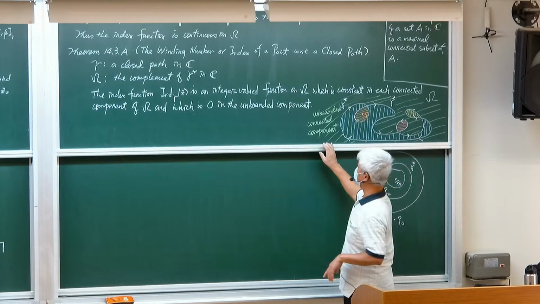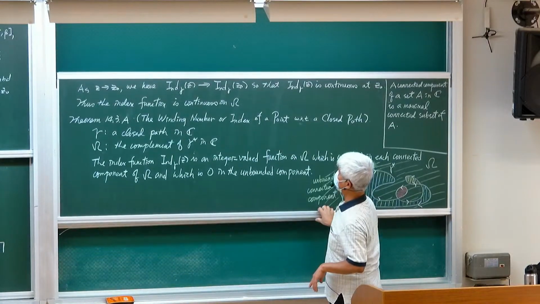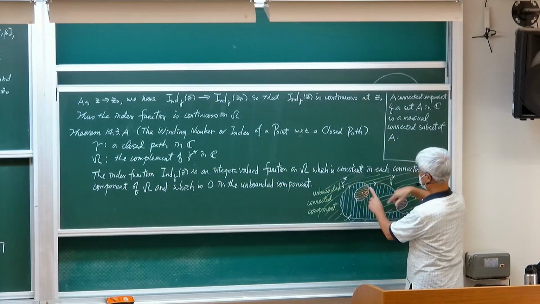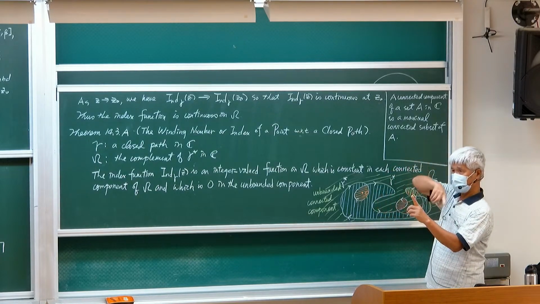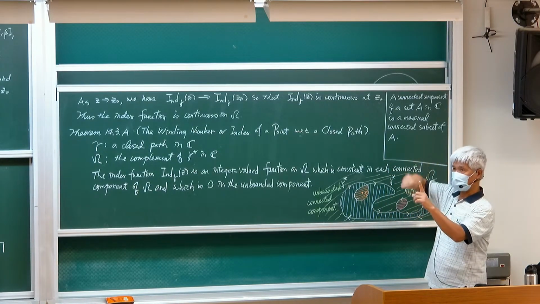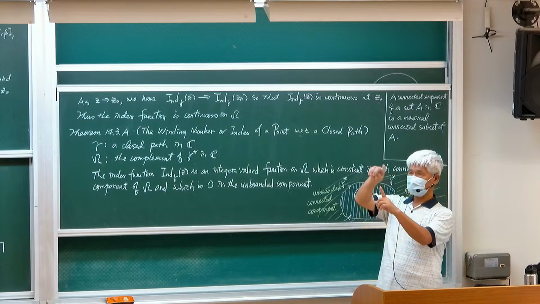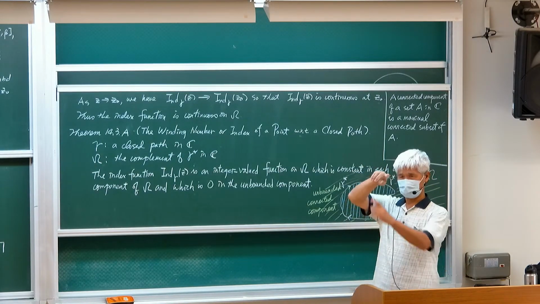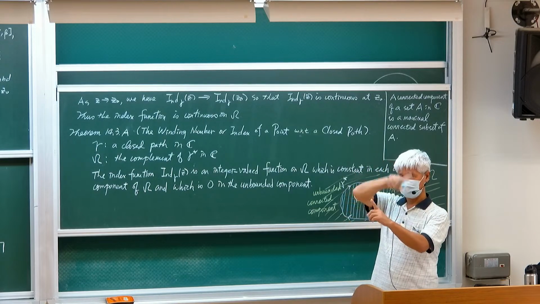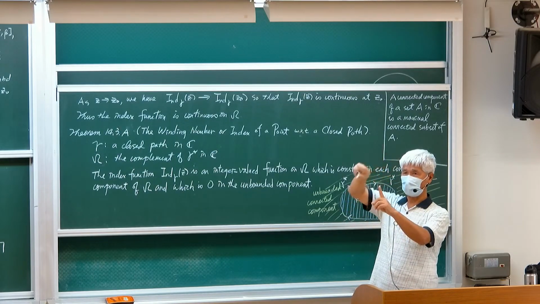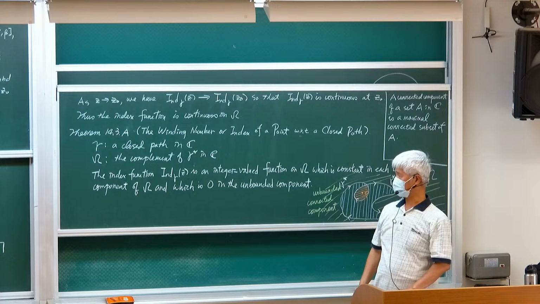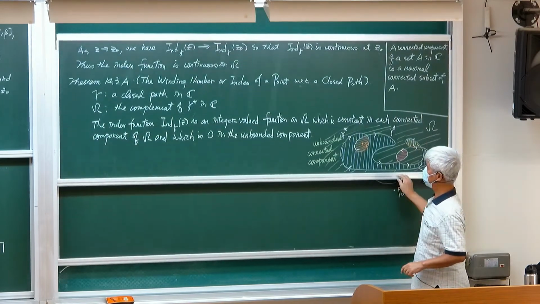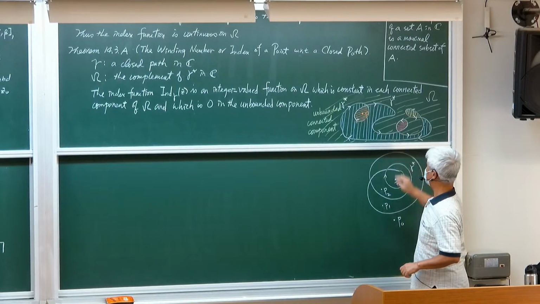Sometimes people call the index the winding number, because you can trace and see the effective rounding. So 1 round means that you go around 360 degrees, 2 pi, as one round.